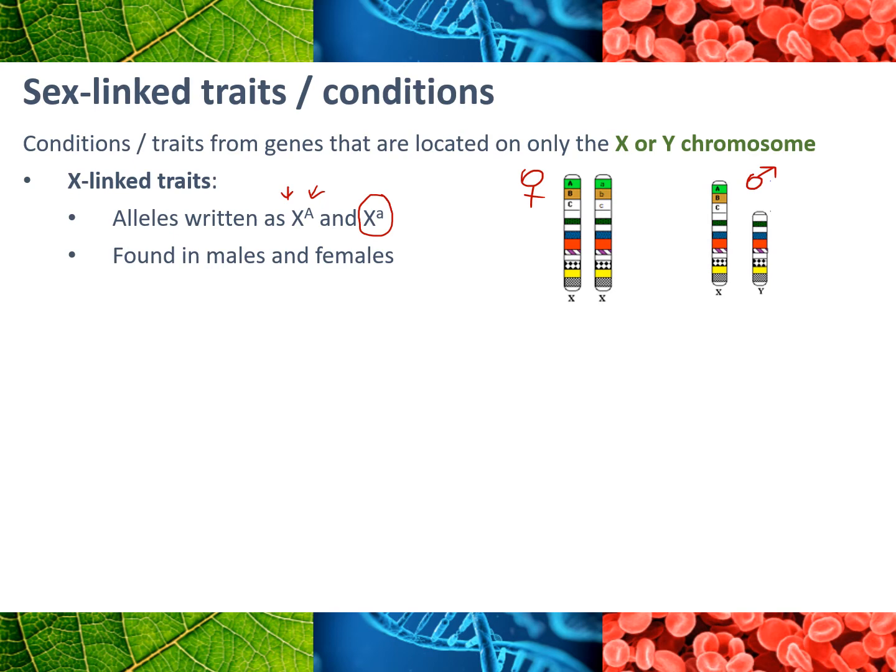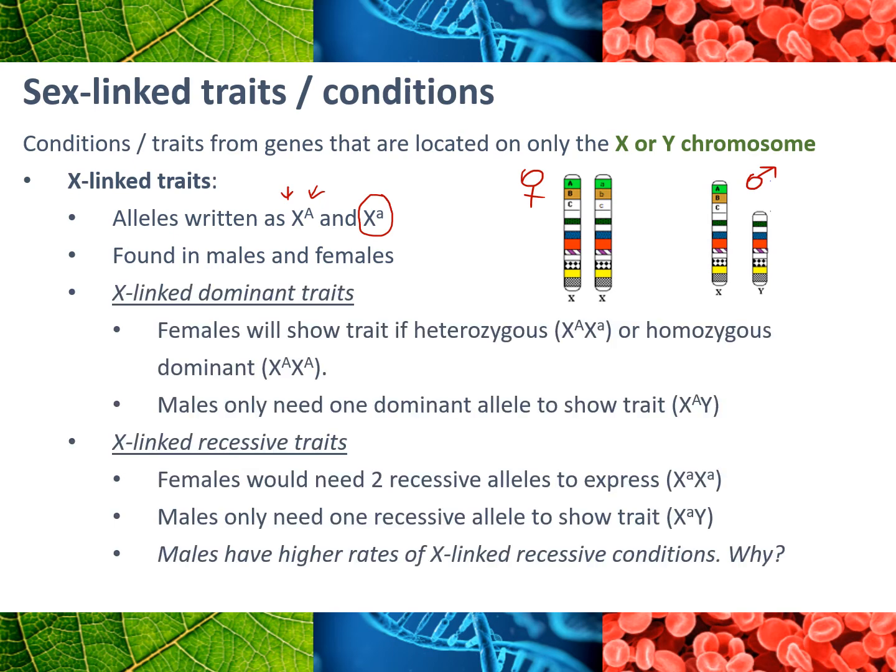As I said, these can be found in males and in females, but we've got dominant traits and recessive traits, just like we do with other autosomal traits. For an X-linked dominant trait, females will have that trait or condition if they're heterozygous, which would be written like this.